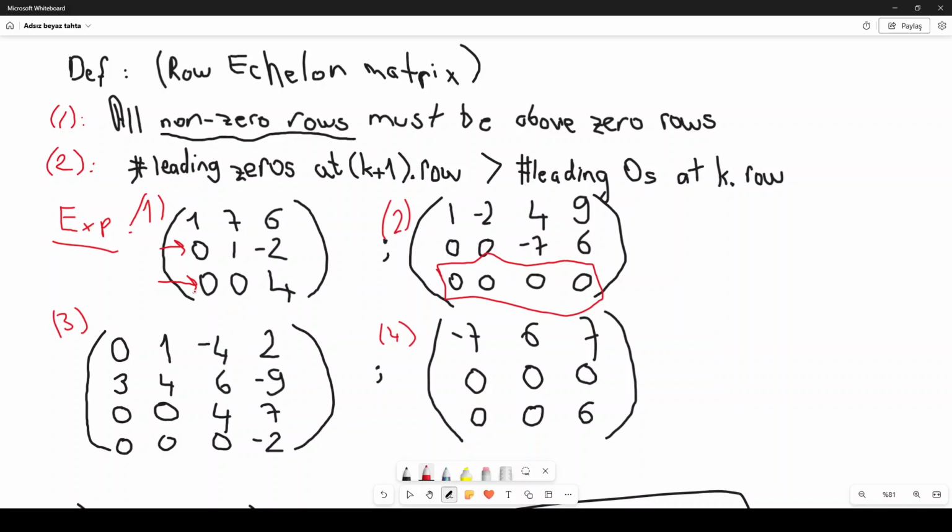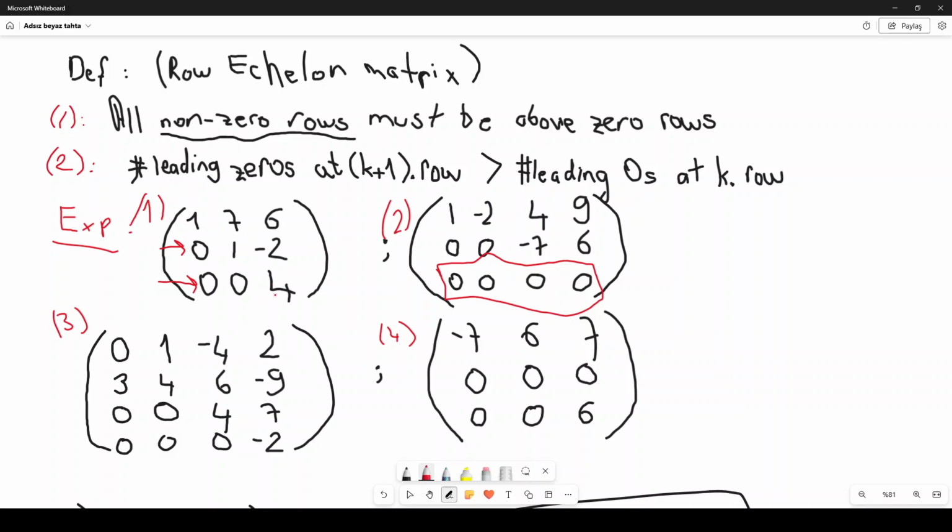Why? Because I simply count the number of zeros from left to right up to the point where I have the first non-zero element in that row. The first non-zero element in the third row of the first matrix is the number 4.